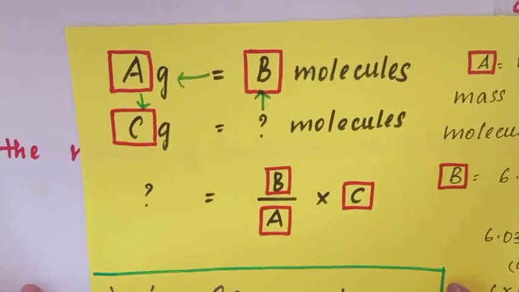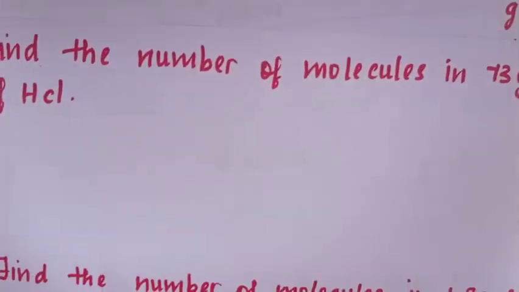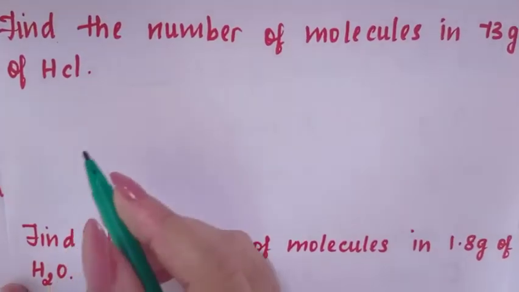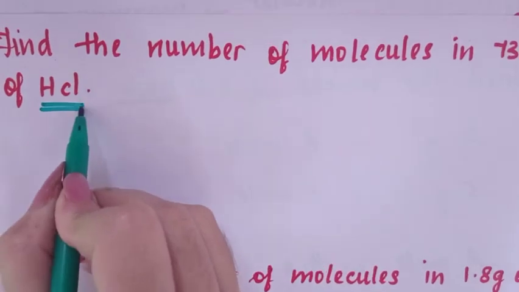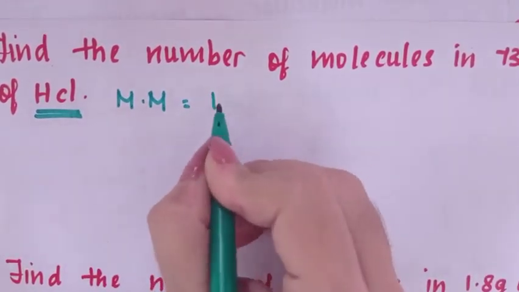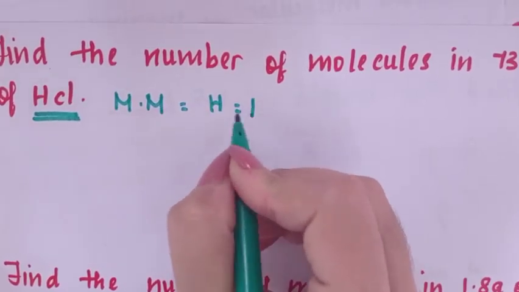Same thing happens here also. You can see. Find the number of molecules in 73 gram of HCl. That is your question. So first HCl's molecular mass you have to find. Hydrogen, you know it is 1.